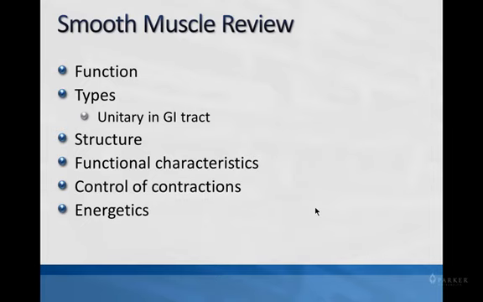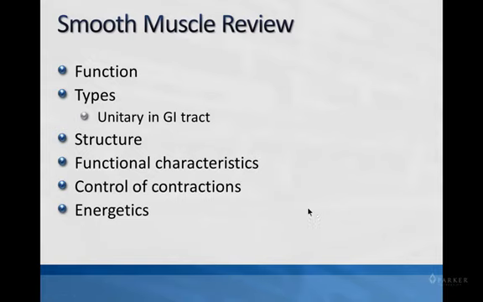Some of this stuff I'll be saying again, and in lecture I'll review it with you, but it's pretty much self-explanatory. So I'd like you to review the next few pages in your notes that review smooth muscle. What we're going to do is take it a step further, with things that we didn't cover in Physio 1, in particular looking at the electrical activity, because we didn't really cover that.